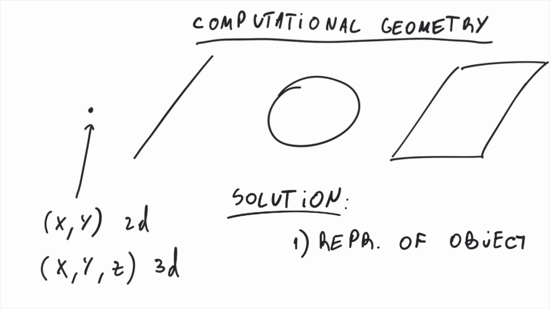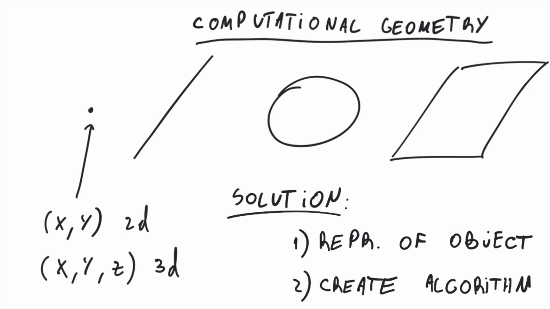The representation in a computer is crucial to actually do anything with them. You can draw them on a sheet of paper, you can devise some operation that you want to do, but then you have to put all that in a computer, and that's the first step before you can go to the second step, which is to create an algorithm to actually perform the computation that you want to do, calculate the quantity that you're asked, which can be a distance, an area, a length, or some other geometrical quantity.